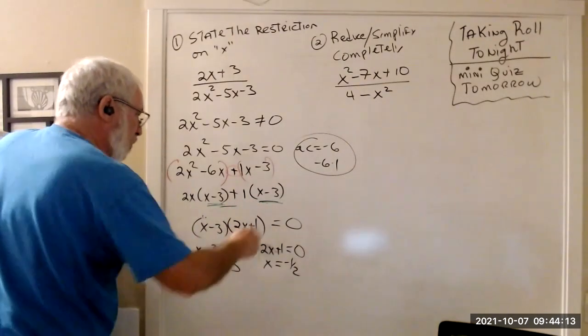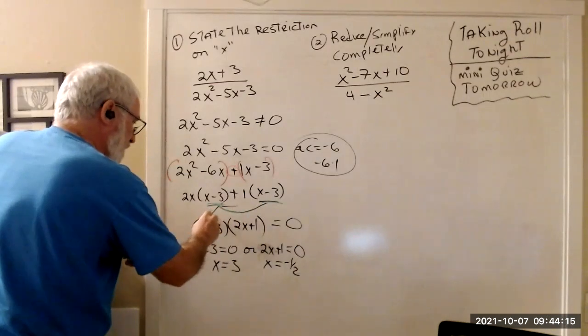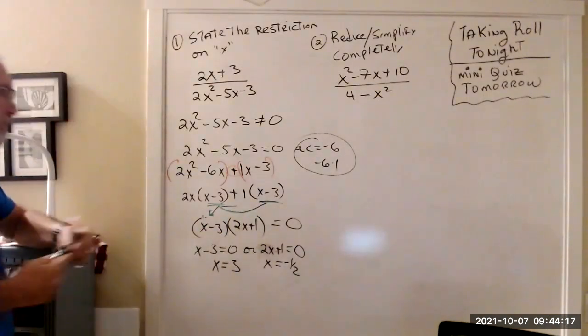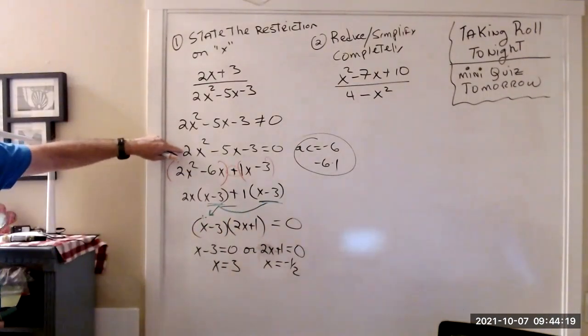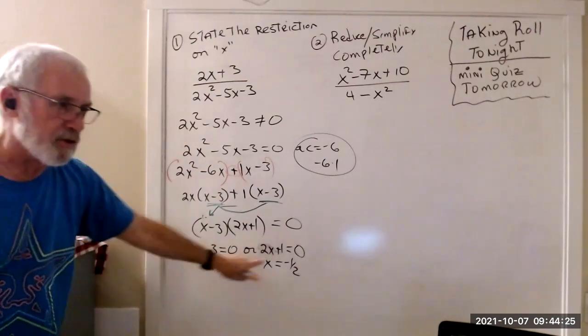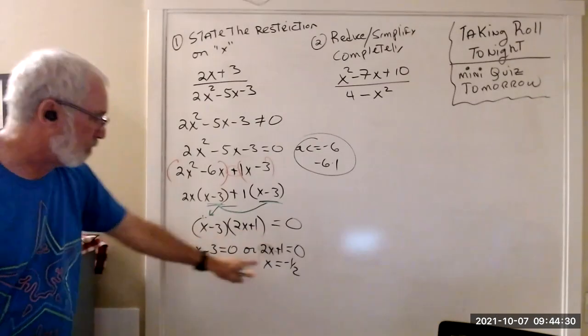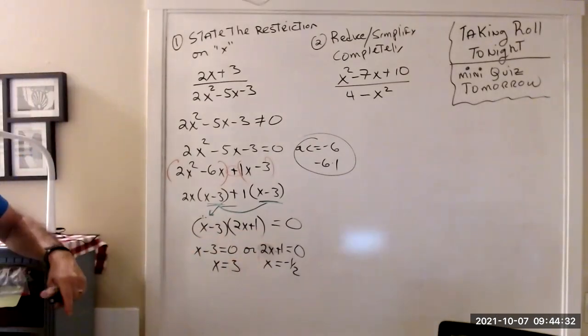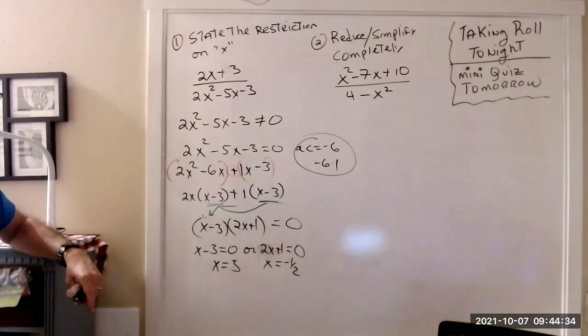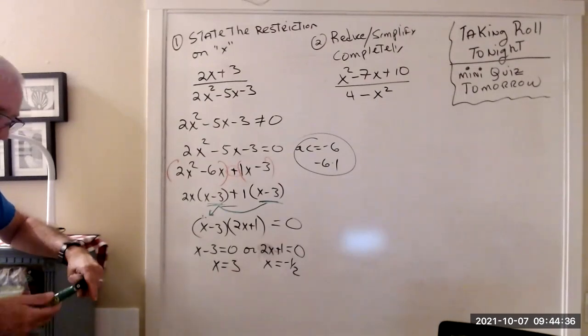Again, keep in mind, we're not quite done. Is there anything you want me to explain? How did I factor this trinomial? How did I use the AC? How did I solve what I called the baby equations? Solve the babies. After you split it up, we solve the babies.